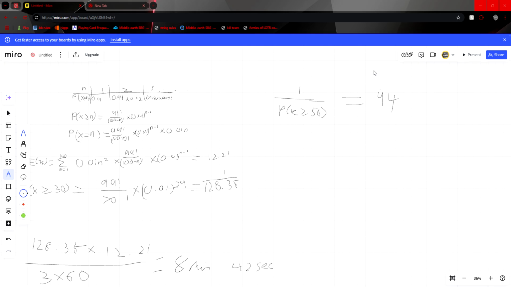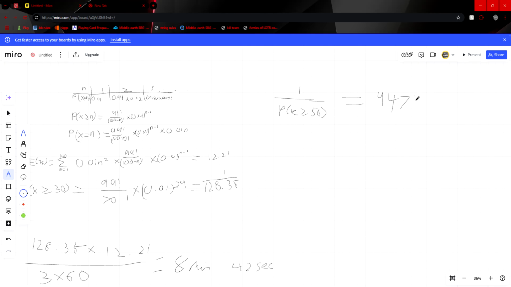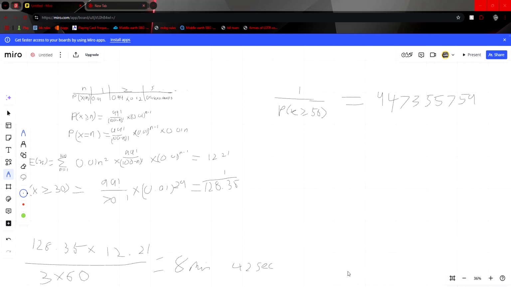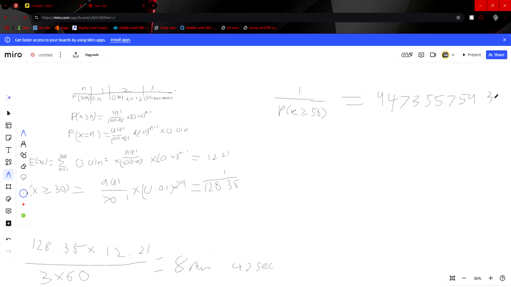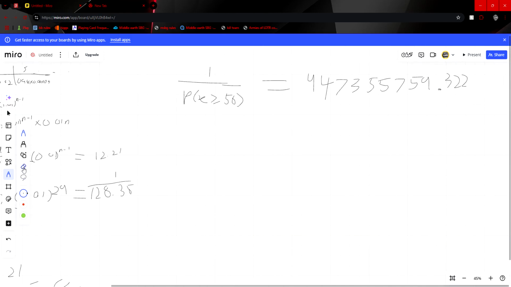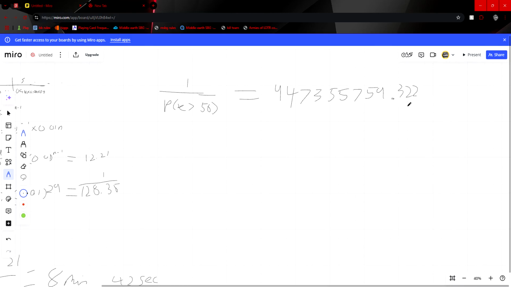It's 6, 4, 7, 3, 5, 5, 7, 5, 9 point, and I might as well write the points in because it's times 100. 0.322. All right, and this is greater than 57, so that's 1 over greater than 57, because you wouldn't beat the record if you only got 56. So that's the expected number of turns, which is a hell of a lot.